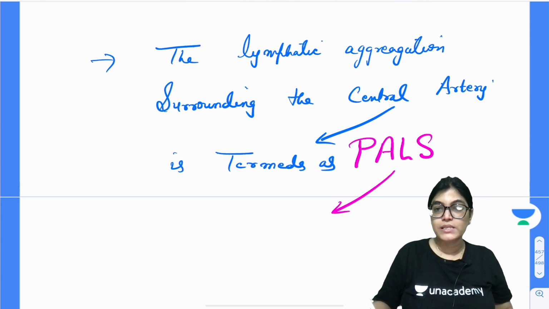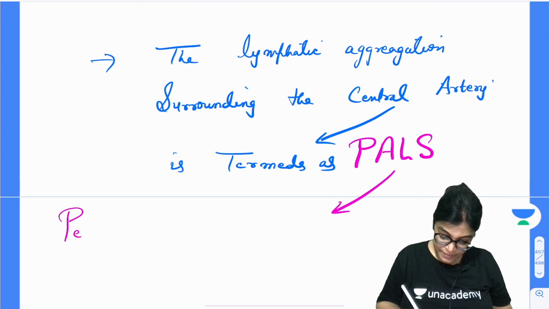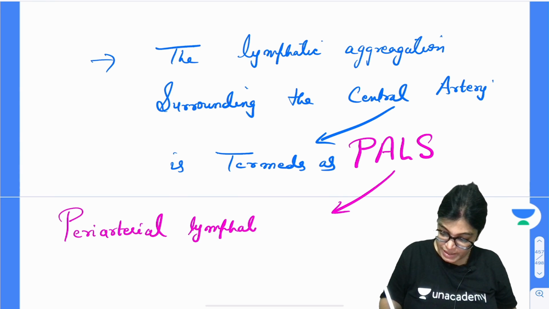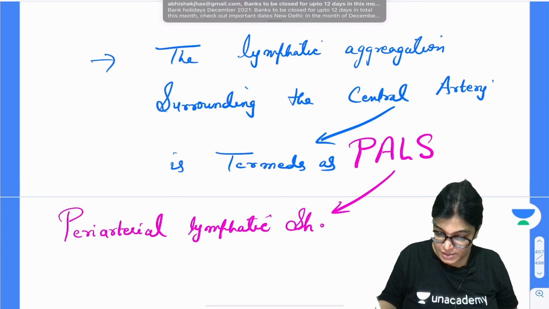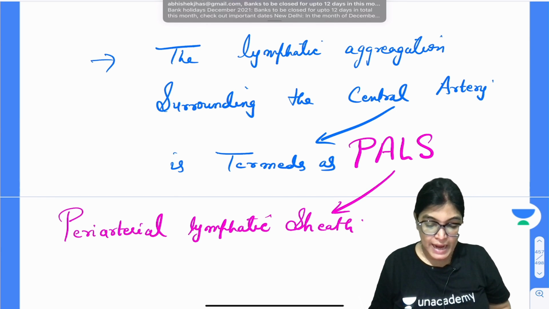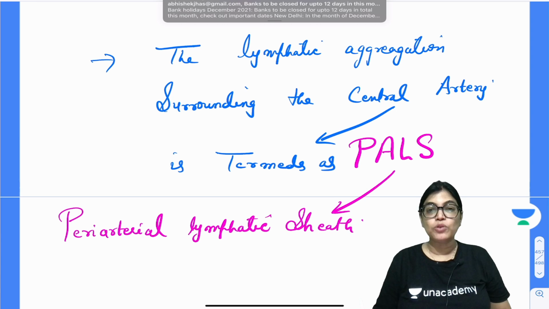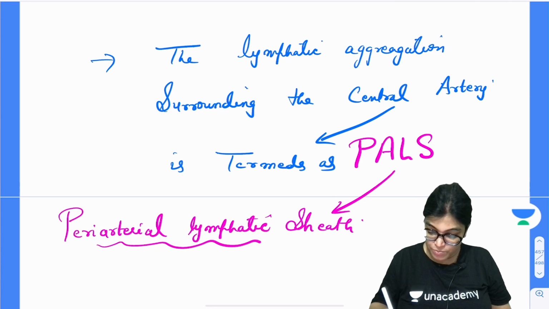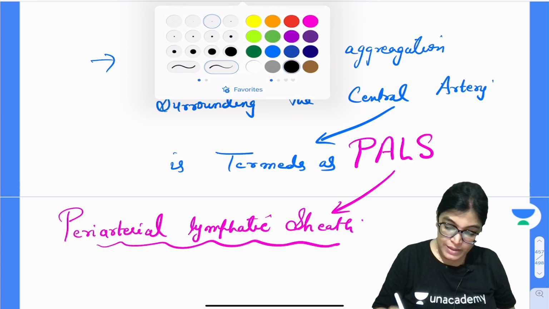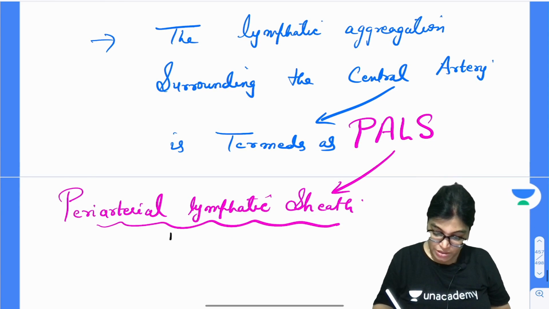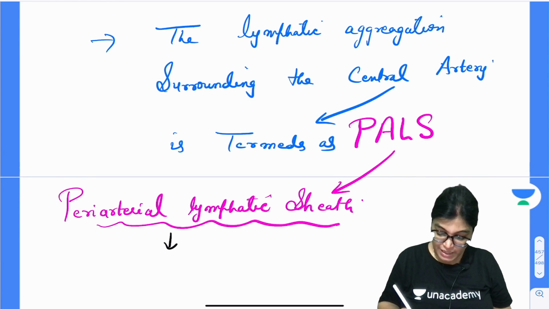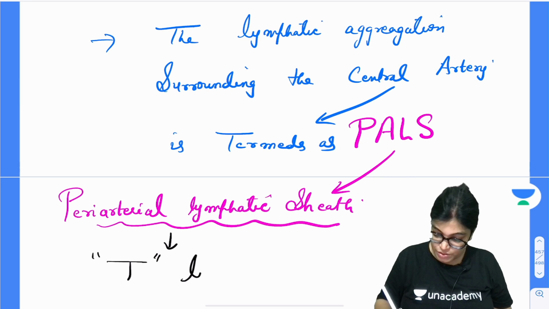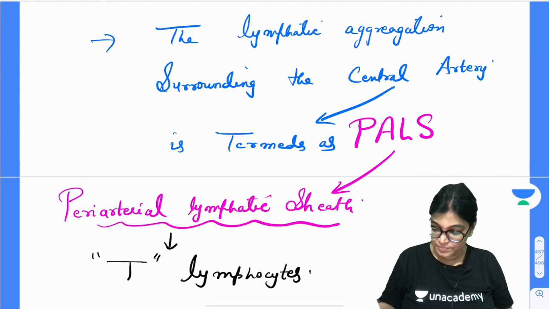So what is PALS? Periarterial lymphatic sheath. My dear aspirant, another important point: when I am talking about periarterial lymphatic sheath, the other important question is what does this periarterial lymphatic sheath contain? It contains only T lymphocytes.